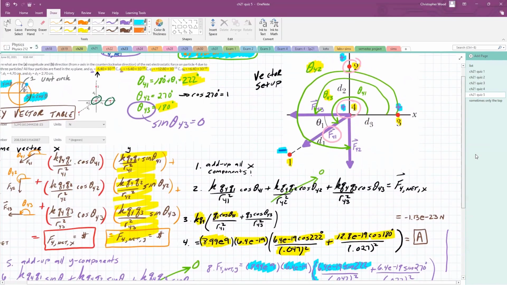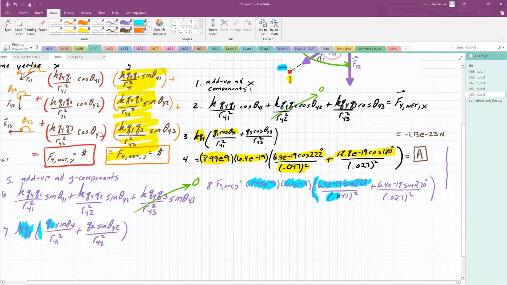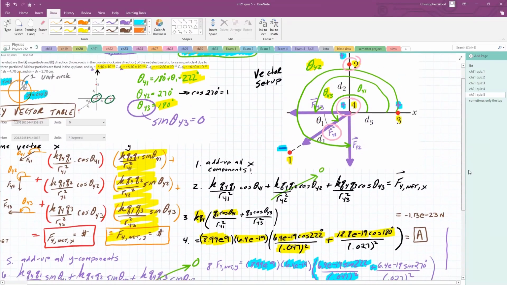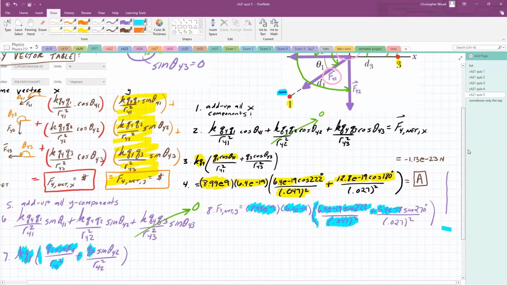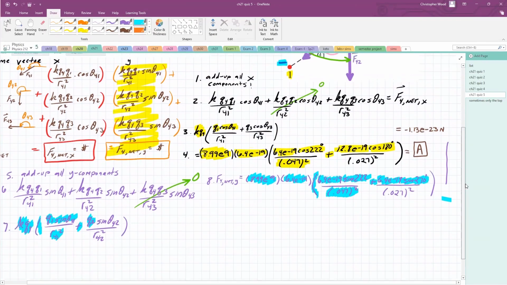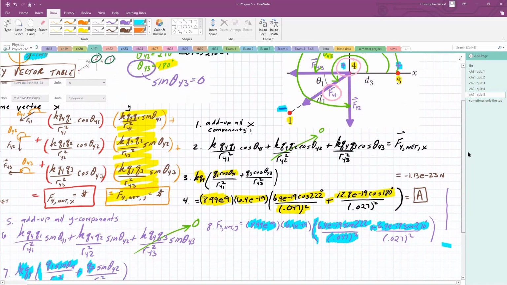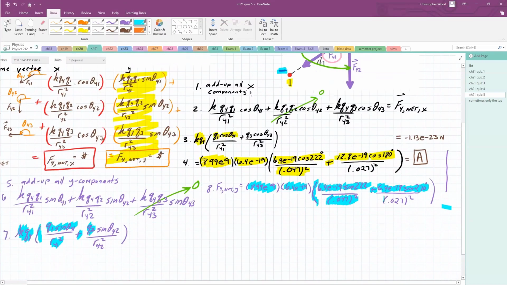Times the distance between 1 and 4 is D1, and D1 is given as 0.047. 4.7 centimeters is 0.047 plus, so I got all of that, R41. Q2 does have a value of 6.4 E minus 19 times sine of theta 42, sine of 270, all over the distance between 4 and 2, which is D2. And D2 is 0.027. All right, so just being paranoid. Only the paranoid survive.